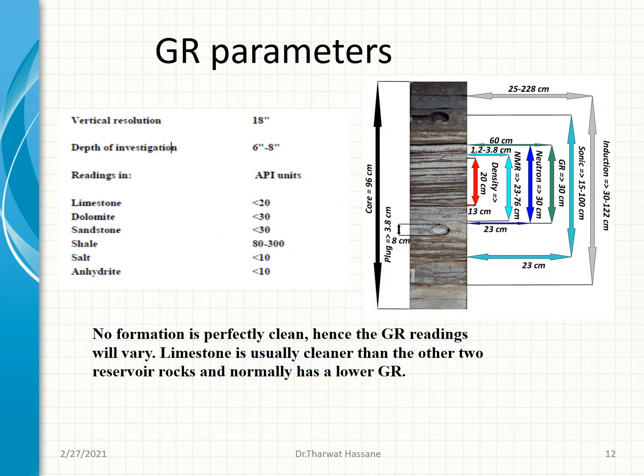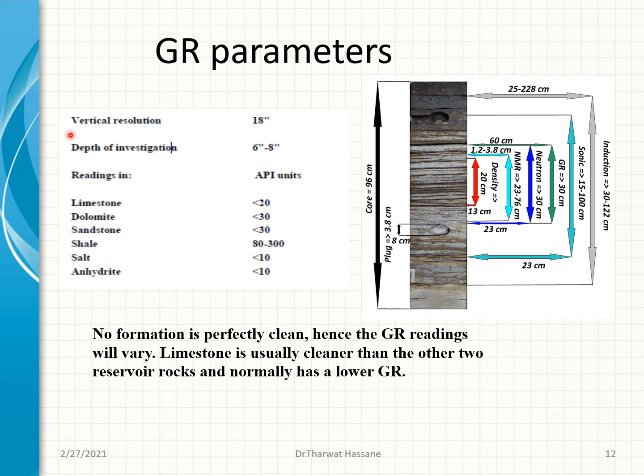For the gamma ray parameters, for each tool you have to know the depth of investigation, the vertical resolution, and the range of measurement values for the gamma ray in the reservoir rocks, in terms of limestone, dolomite, and sandstone. Shale is variable, so you don't have a fixed gamma ray value in shale from country to country.